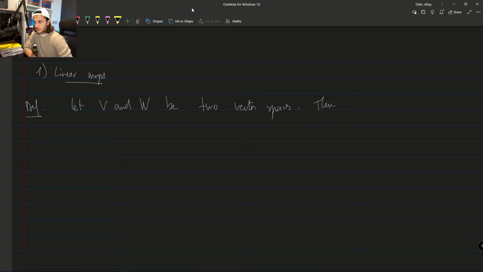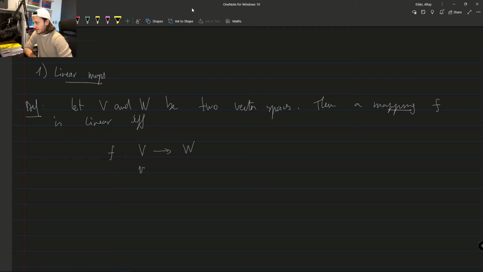Then a mapping, let's say F, is linear if and only if, so we have a map F from V to W.